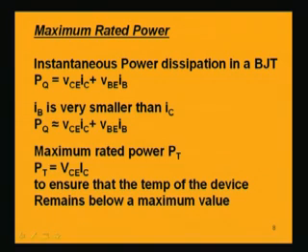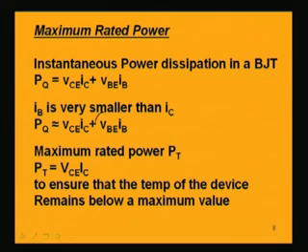But practically IB is very small as compared to the collector current. So, the dissipated power in the base is very small as compared to the dissipated power in the collector. For all practical purposes, we can ignore or neglect the power dissipated in the base.